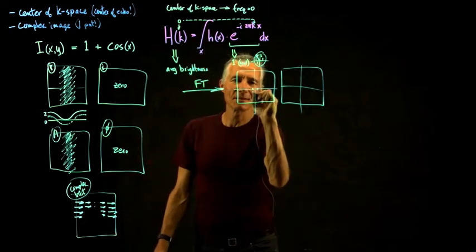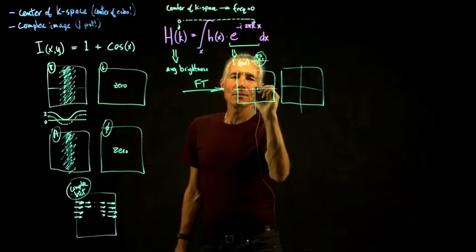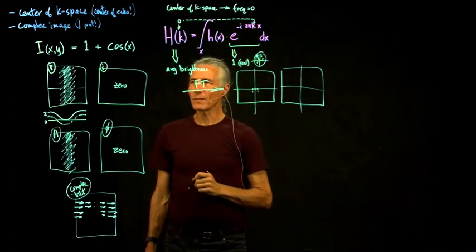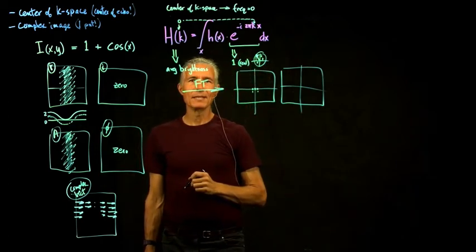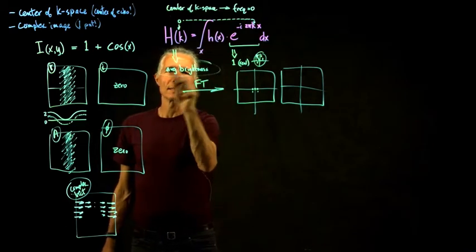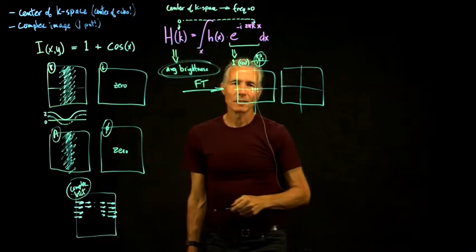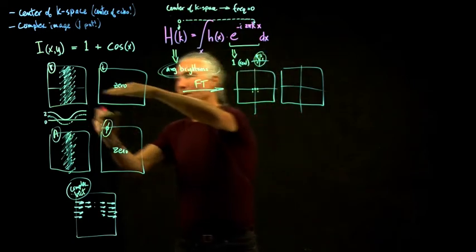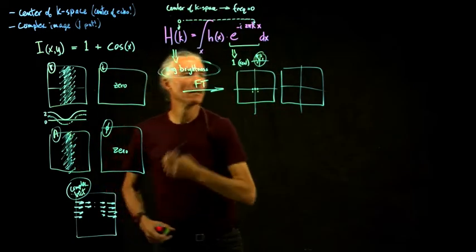But we're also going to get a value right in the middle of k-space. That's the center of k-space, because that represents the average brightness of the image, across the whole image, including the y-axis.